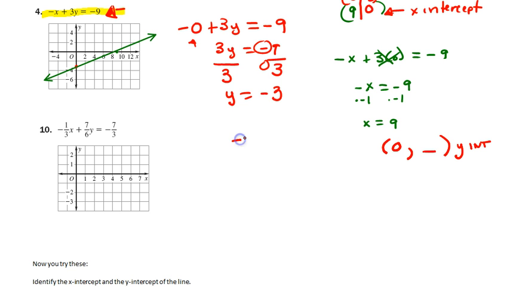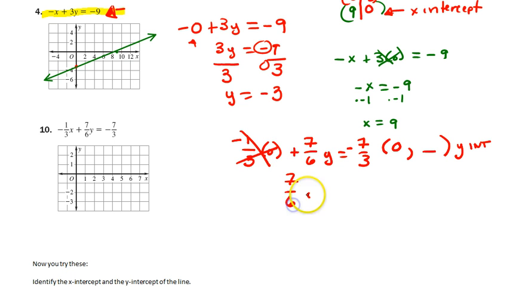So I'm going to take my equation, negative 1/3, I'm going to substitute 0 for x, plus 7/6 y equals negative 7/3. Okay, now I'm just going to solve this. I'm going to cancel this out because it's times 0, so I'm left with 7/6 y equals negative 7/3. Now I want to undo this 7/6, so I'm going to multiply both sides by 6/7, by the reciprocal.